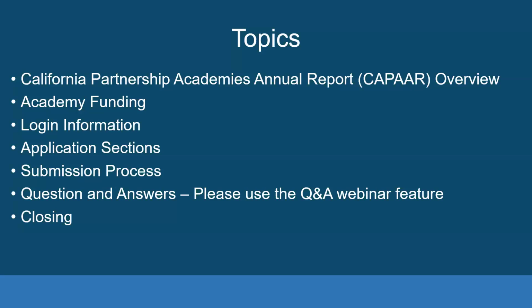And then we will talk about the submission process and who is part of that process. We've enabled the Q&A for this webinar, so as questions come to mind, feel free to type those out and our team here will be reading those out loud, and we will do our best to answer those, and then we'll wrap things up.